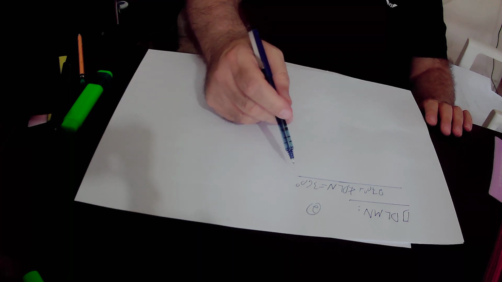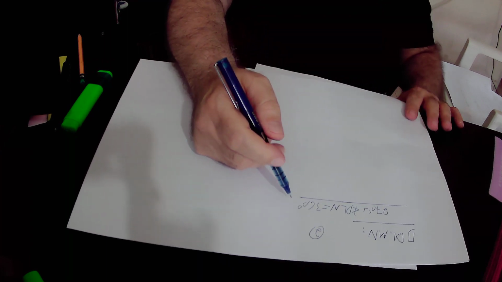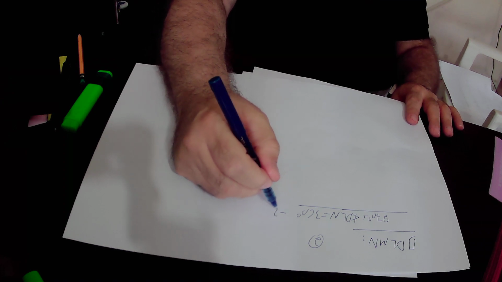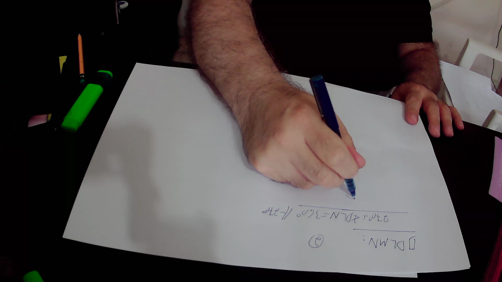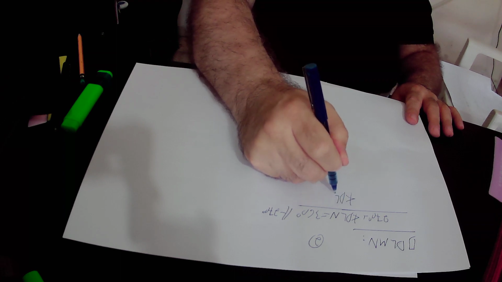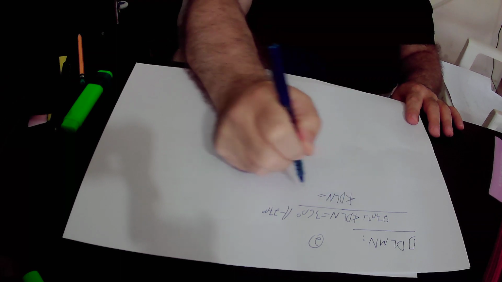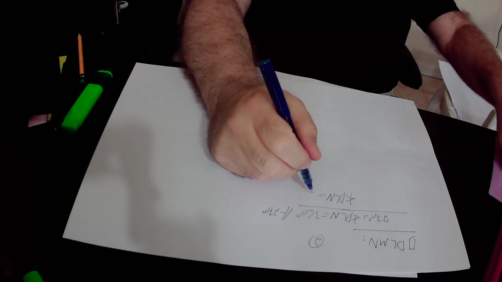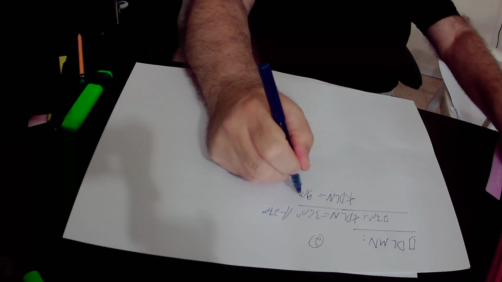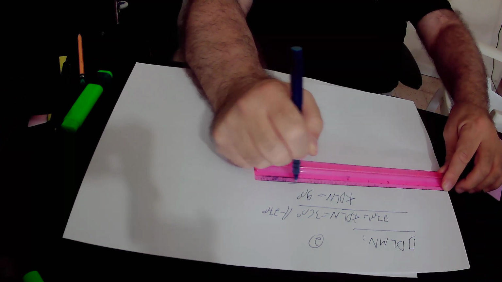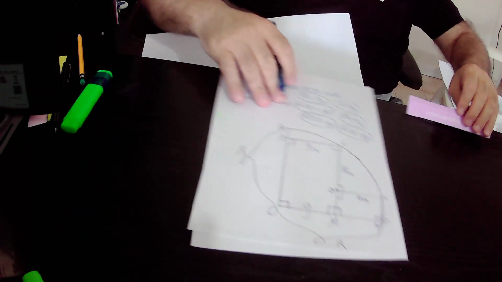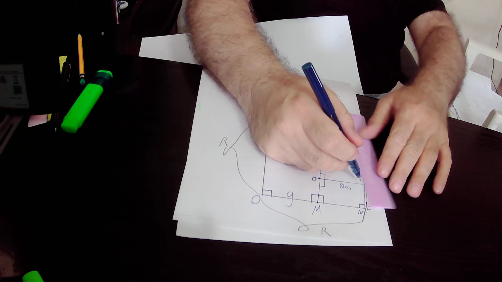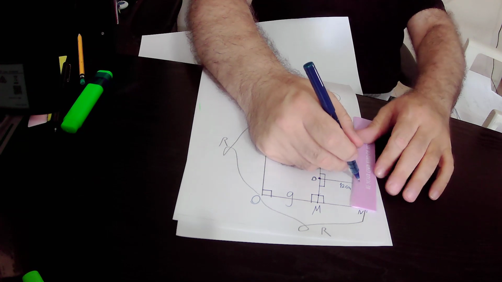Okay, so here we subtract 270 degrees from this equation and we get that the missing angle, angle DLN, equals 360 degrees minus 270 degrees, which is equal to 90 degrees, that is to say it is a right angle. So we found out that angle DLN is a right angle, equal to 90 degrees.